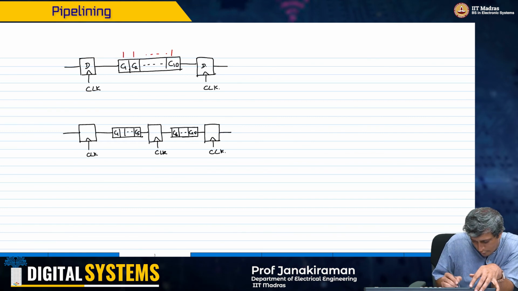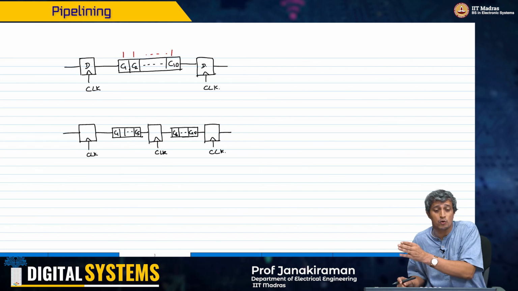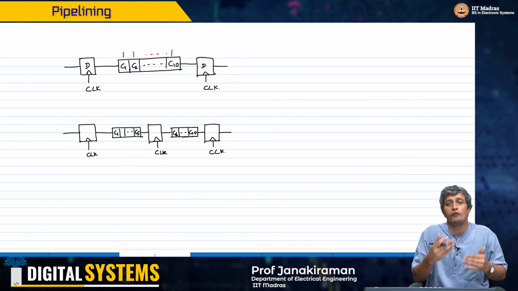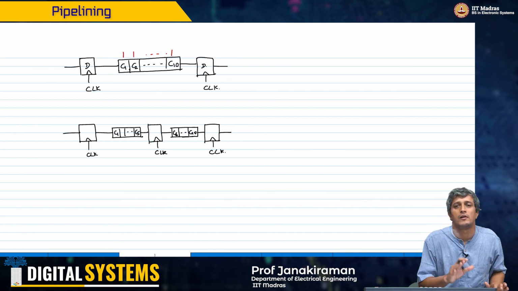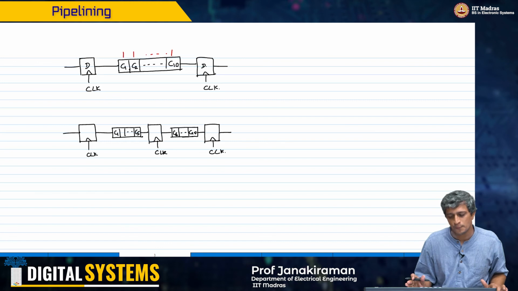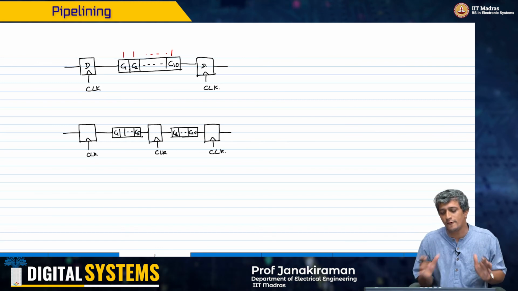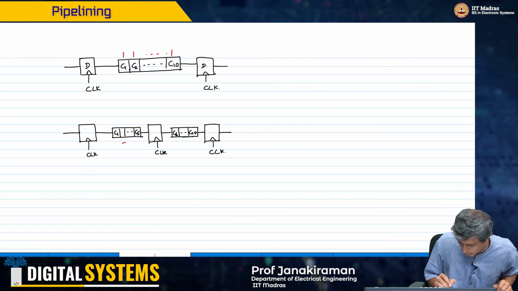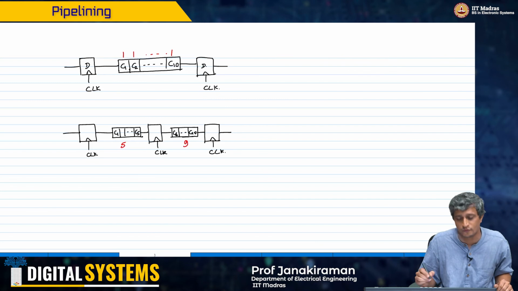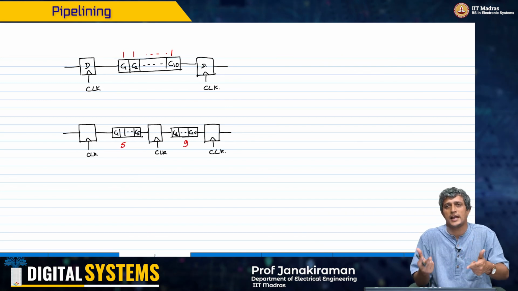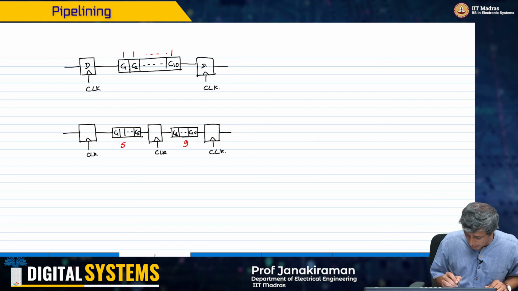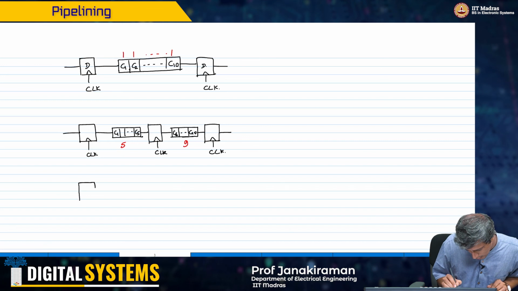So if you ask yourself how long does the data take to come out of this system, it's still the same 10 units of time, but I can now feed the next data after 5 units of delay, right? On the other hand, remember, if there was that asymmetric delay, for example, this was only 5 units, and this was 9 units of delay, then I can feed the next data into the system only after 9 units. Therefore, the third modification that we studied was to optimally place this.